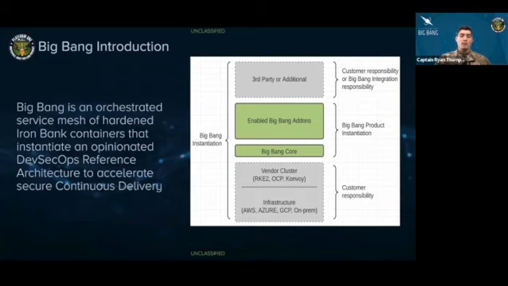And then ultimately, Big Bang itself exists to provide that value to customers. We are customer obsessed. We see what is coming in, what the requests are, where the needs are, and we try to see where we can best fit in to build this platform that gets the most value to the most people possible to enable that continuous delivery, continuous integration.